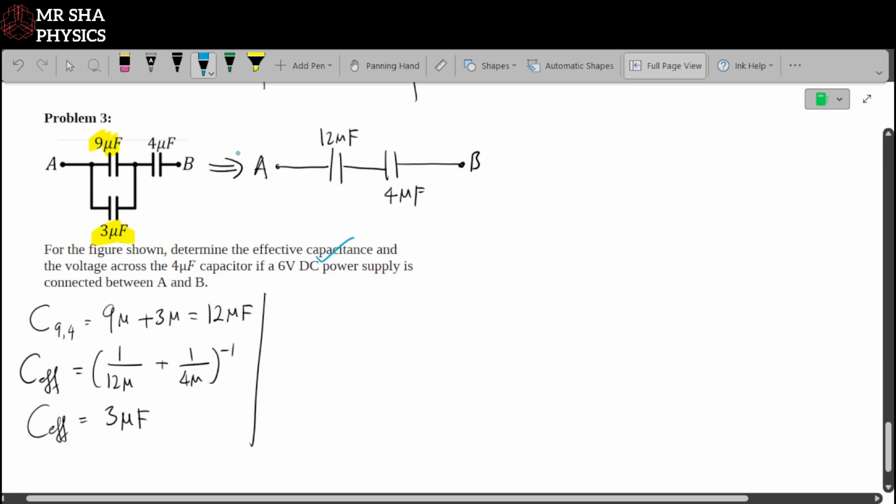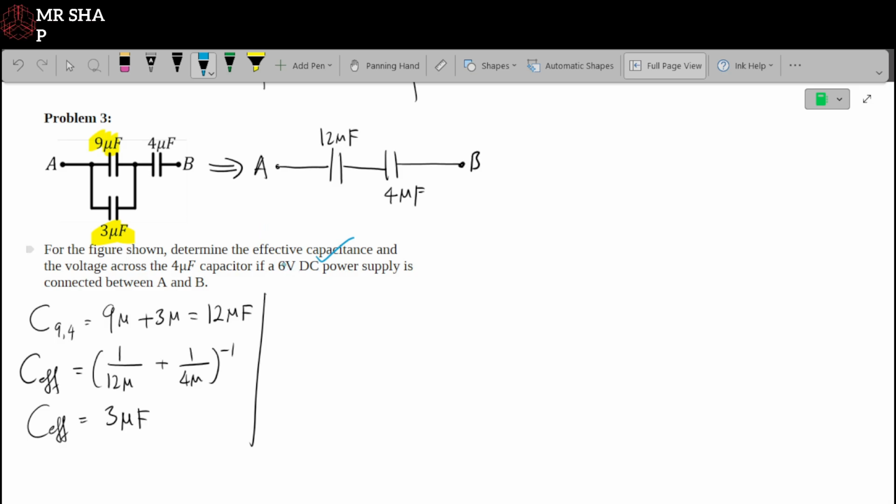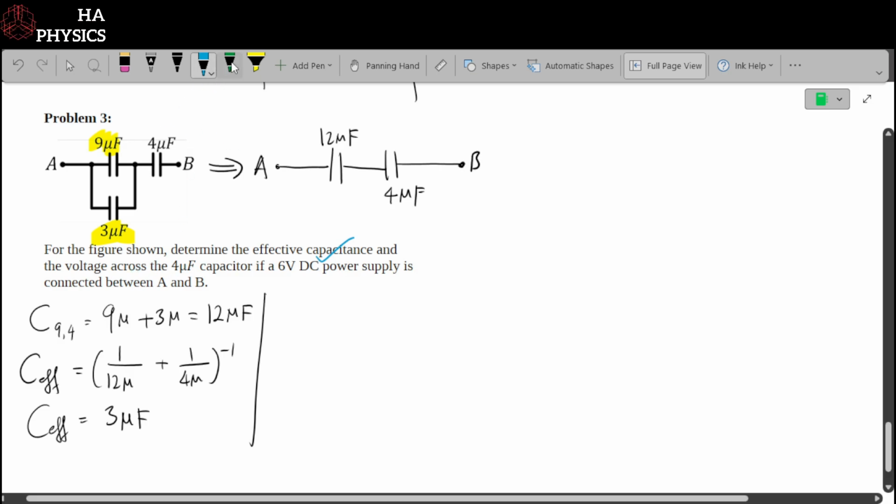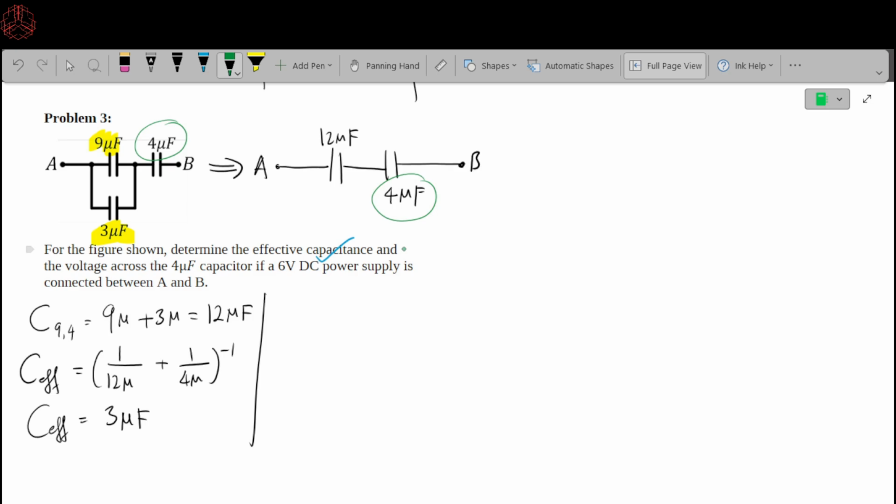All right, so now comes the bit more difficult part, which is the voltage across the 4 microfarad. I'm just going to use green, voltage across the 4 microfarad. Okay, so what we can do is figure out what is the total charge first.